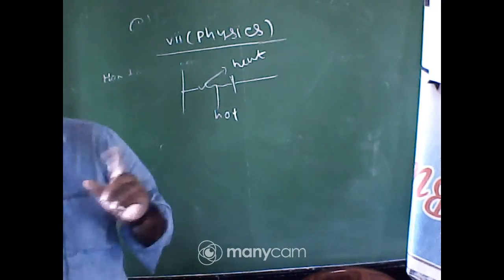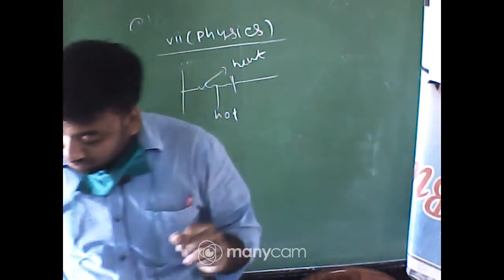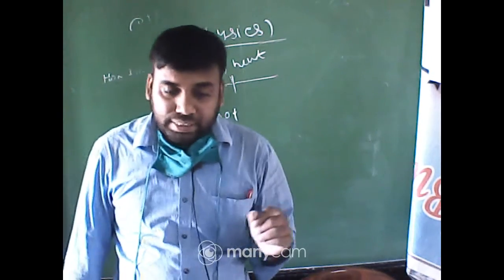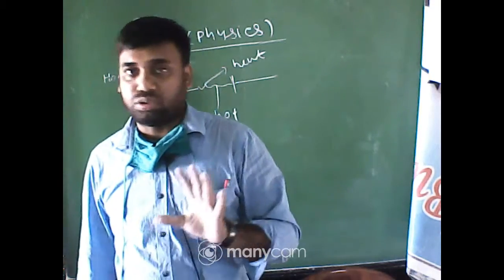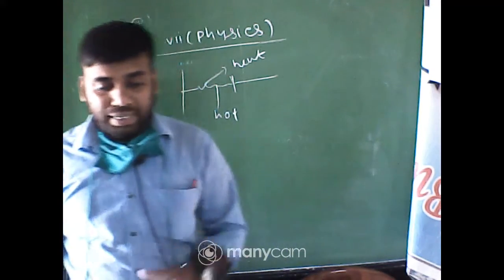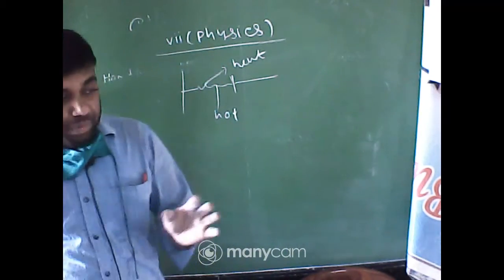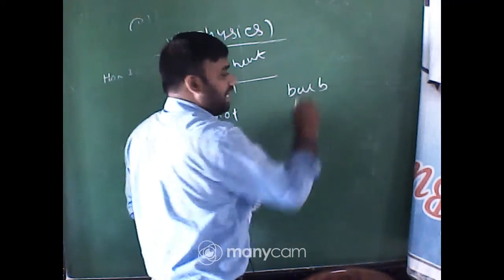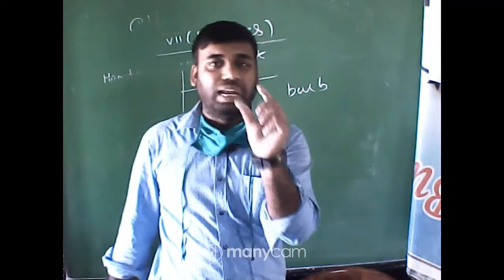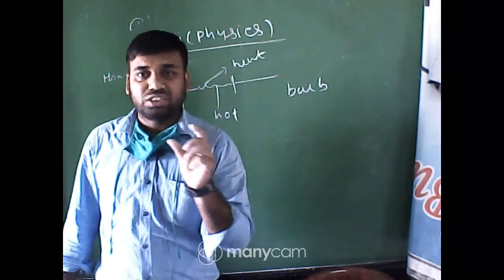So now two important appliances based on the heating effect of electric current that are widely used are the electric bulb and the electric fuse. In the bulb, the wire is called the filament.